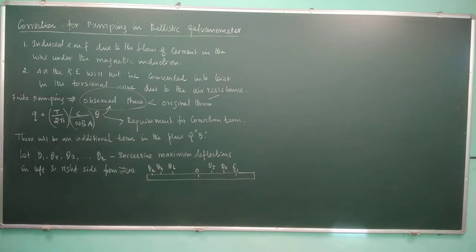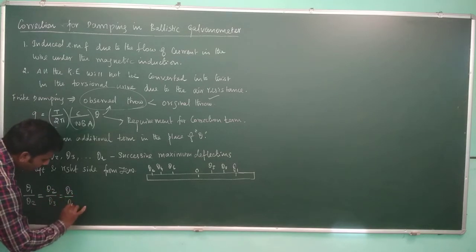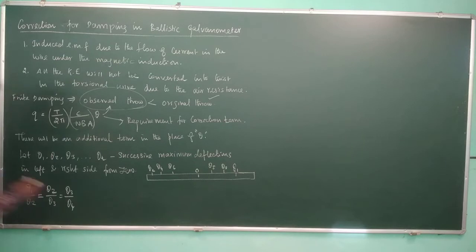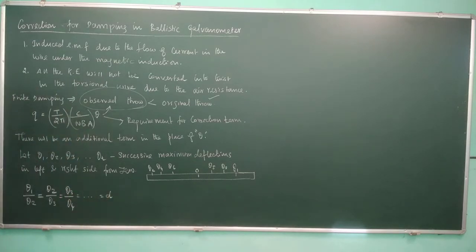Now it is found that θ1 by θ2 is equal to θ2 by θ3, which is equal to θ3 by θ4, and so on, which is equal to d.